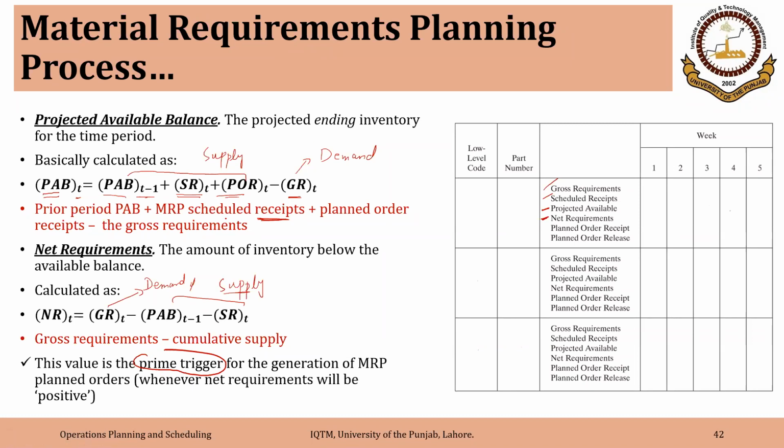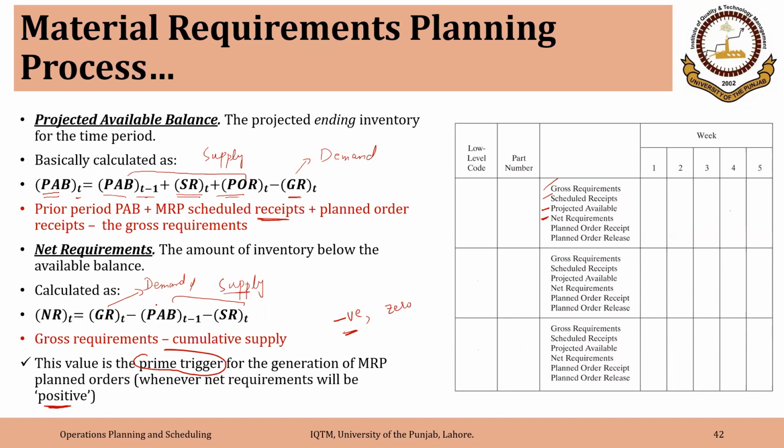Whenever net requirements are positive, you will trigger the planned order. Whenever the net requirements are negative or 0, you will not trigger the planned order, because in the case of negative net requirements you will actually have more inventory than the requirements.